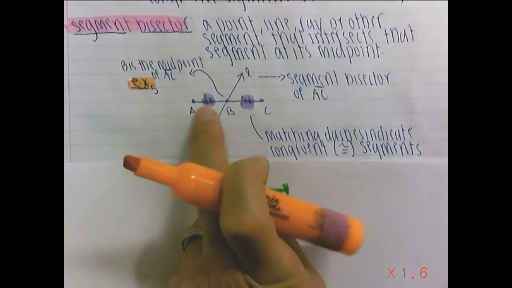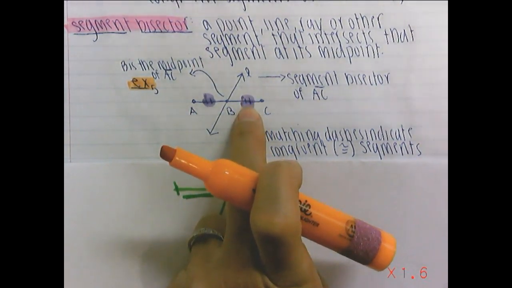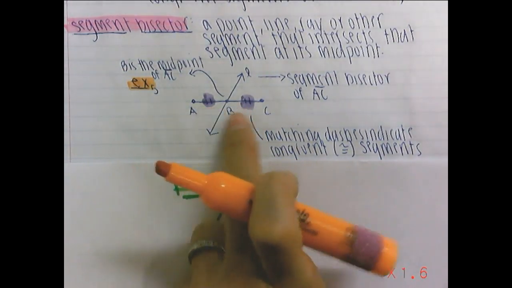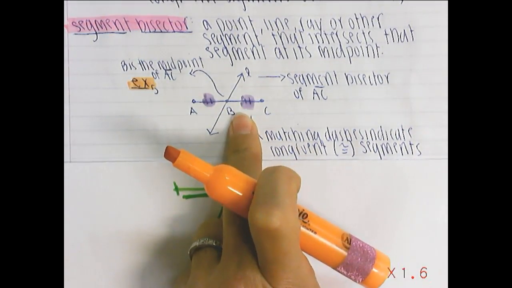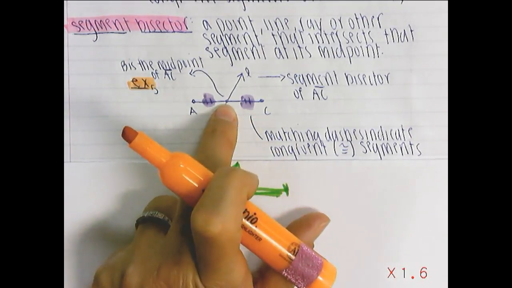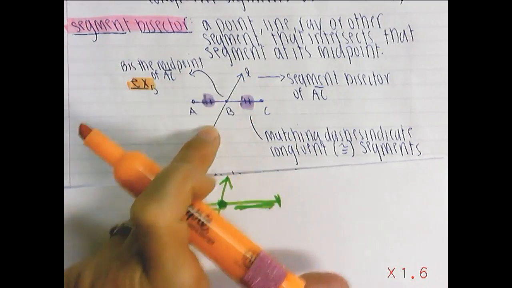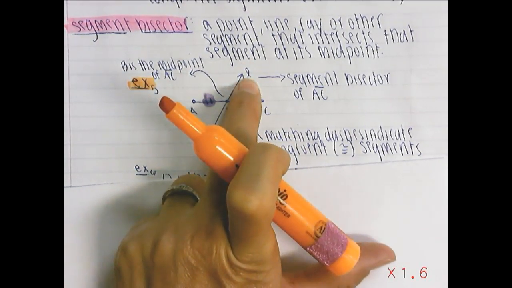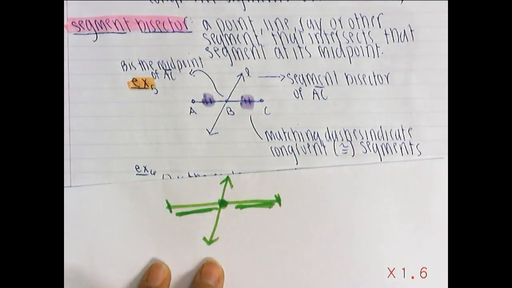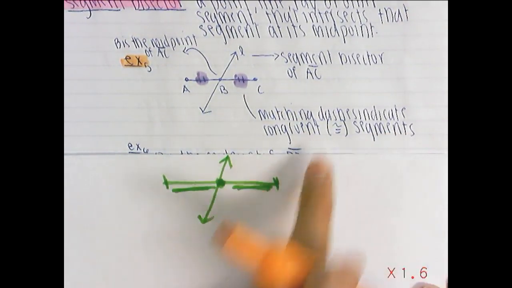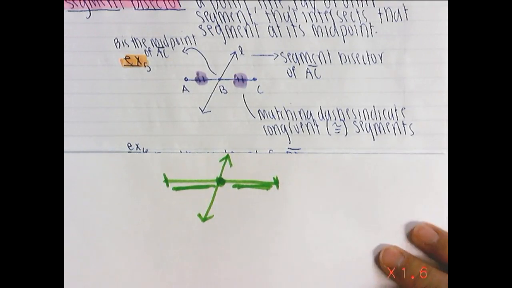So if this one had 2 and that one had 3, it would not be congruent. But because they both have two lines like that, they are congruent. All right, B is the midpoint right here, and the segment bisector right here is this line L. Remember, lowercase letter, line L. All right, and these matching dashes, again, indicate congruent segments.